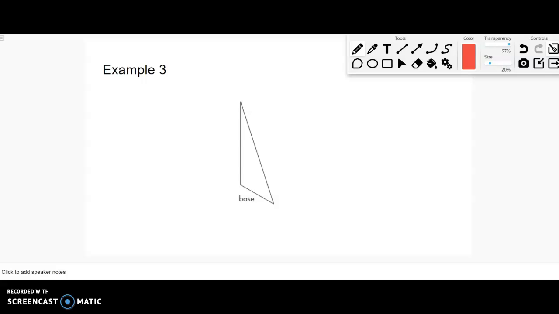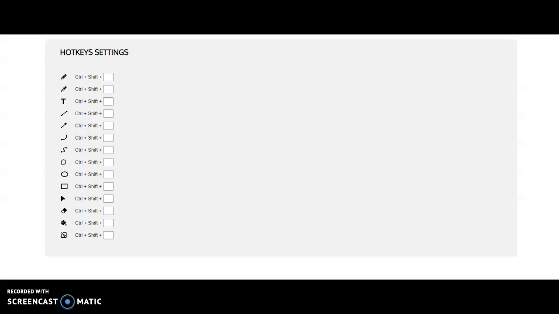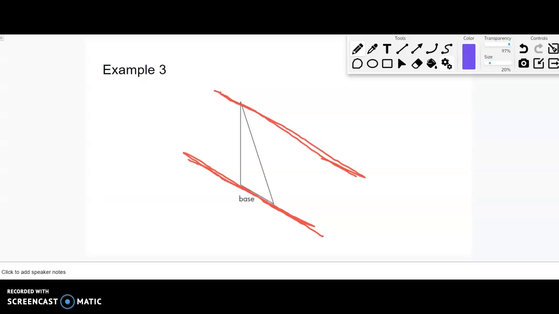Here's another one. So again, draw a line on the base that extends past. Sort of make that flat ground that the base is sitting on. Then make a line that's parallel to that. And the height is going to be a line that goes like making the side of a rectangle.